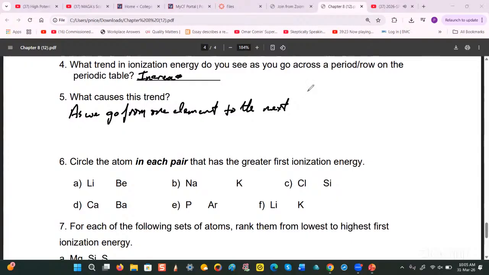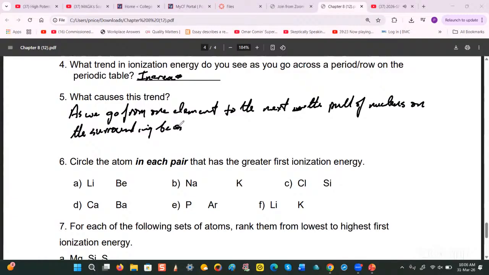The pull of the protons in the nucleus gets stronger. Okay, so the pull of the nucleus on the surrounding electrons becomes stronger, which is true, requiring more energy to remove the valence electron.